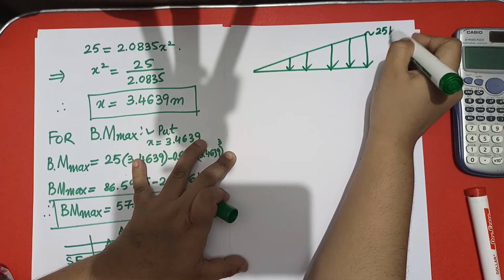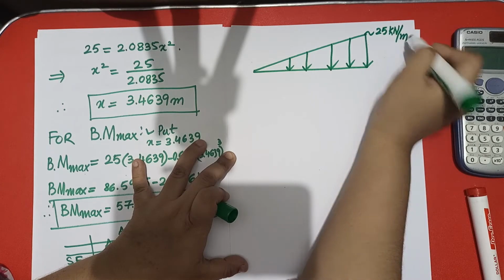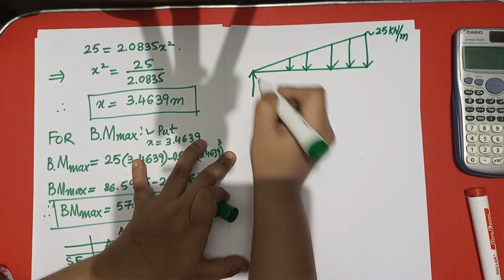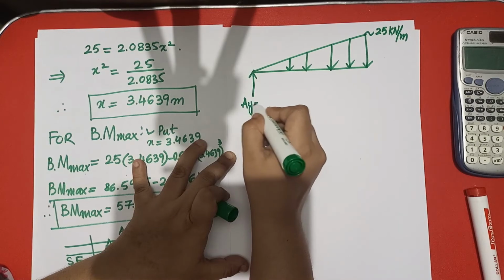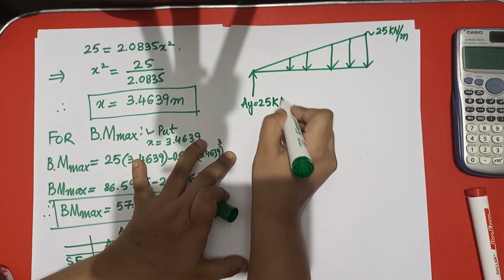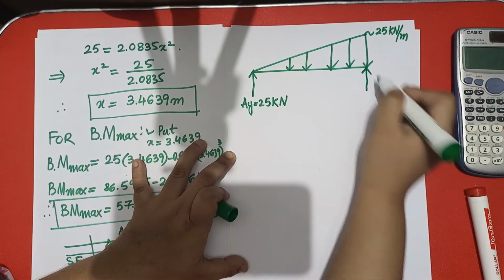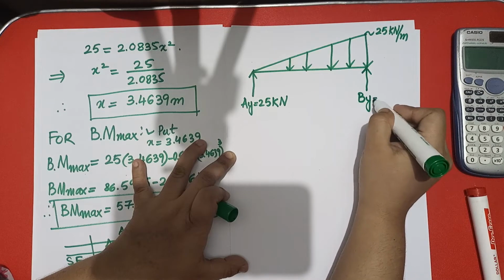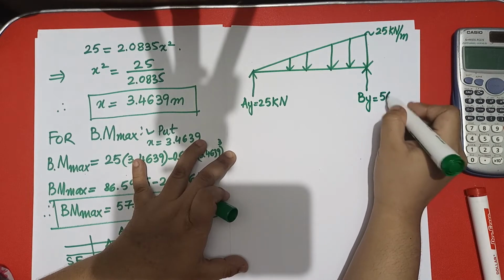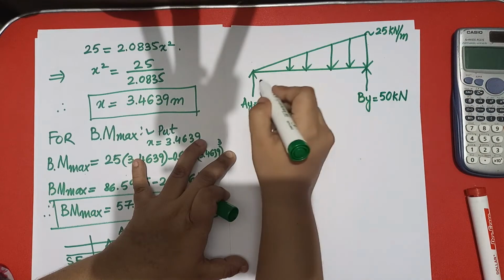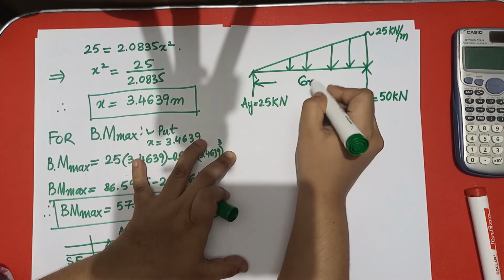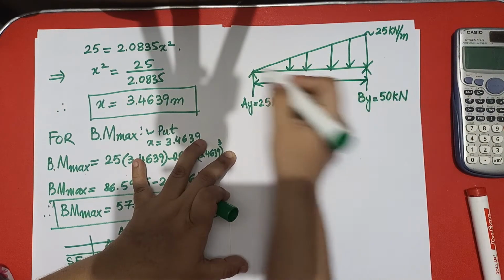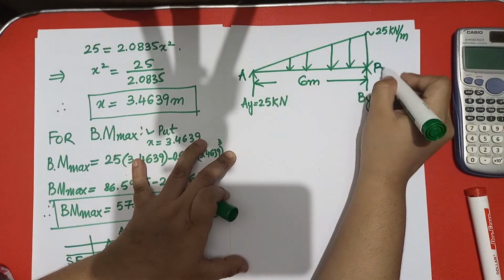This is 25 kilonewton per meter, and this one is AY, it was coming out to be 25 kilonewton, and this one should be BY, and it is 50 kilonewton per meter. Its length is 6 meter, and this is A, and this one is B.